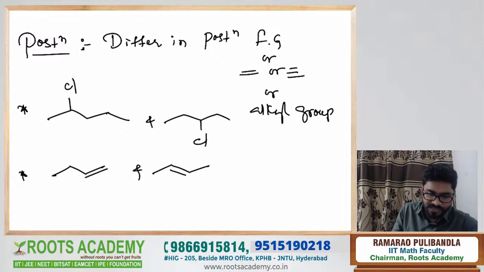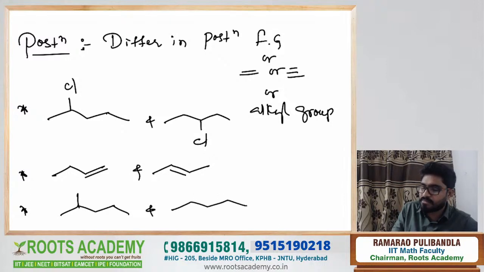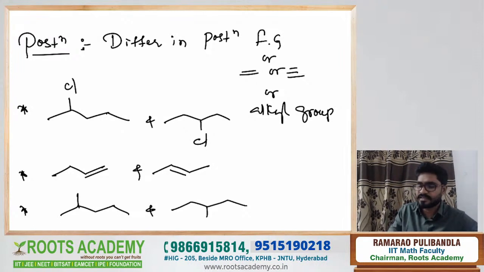We can keep one more thing: alkyl groups. If we take 2-methylpentane and 3-methylpentane, both also come under position isomers, just changing the position. That's it. Come to the next part.